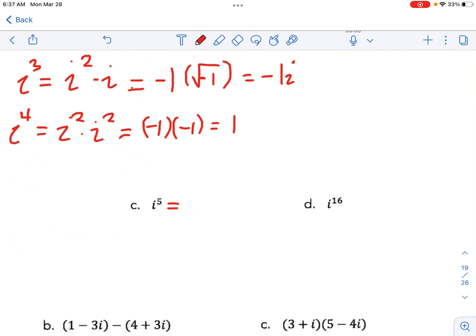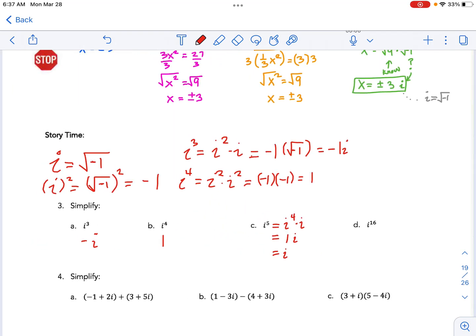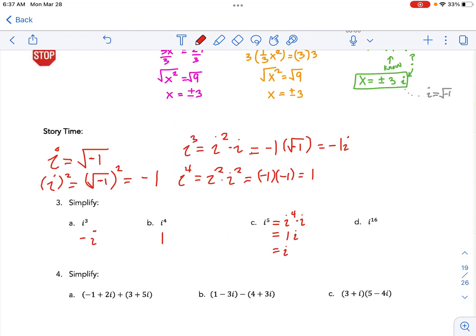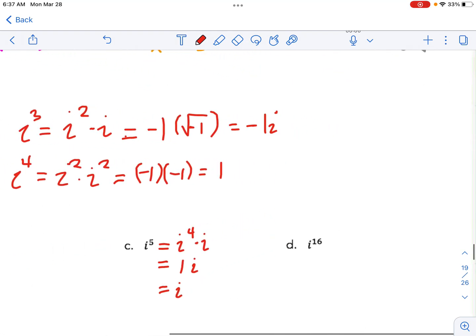What happens when I do i to the 5th? Well, that's just i to the 4th times i. Well, i to the 4th is 1, and i is the square root of -1, but I'm just going to leave it as i. So i to the 5th is just i. And we're back to what the definition of i was.